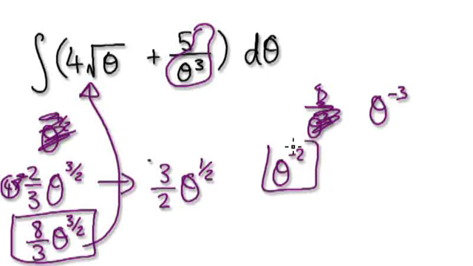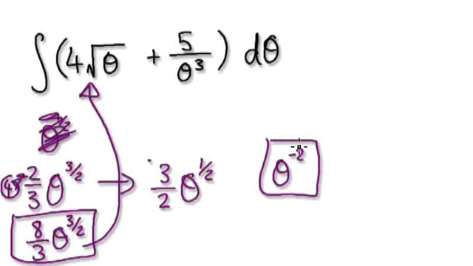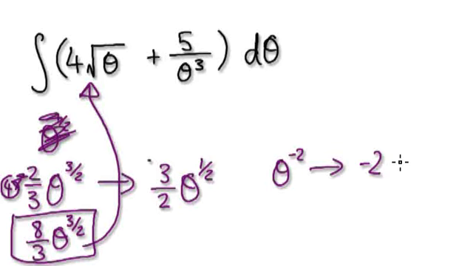Okay, this here will be our first guess. So when we differentiate this, it will give us minus 2, and then the power gets minus by 1, so that would be minus 3.